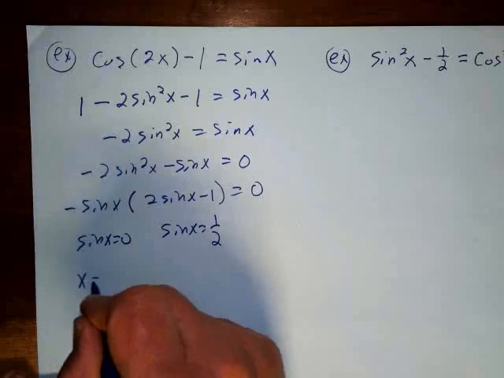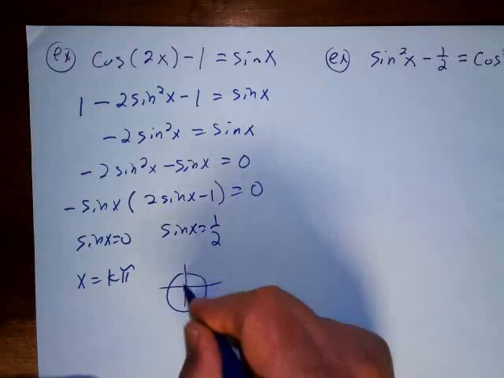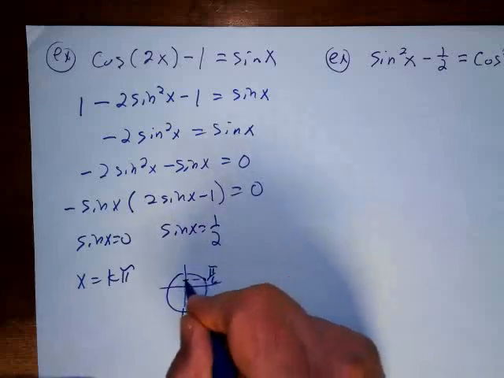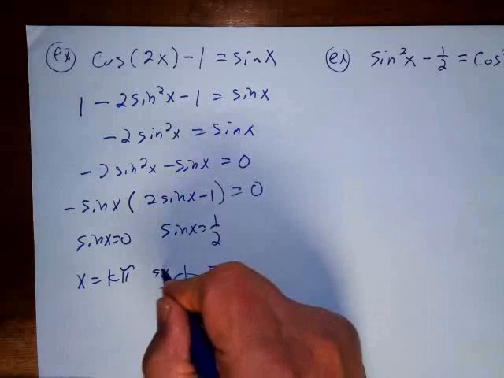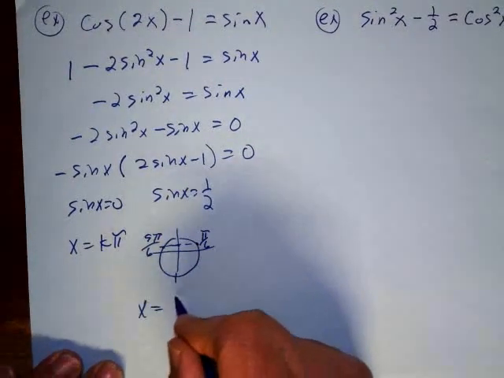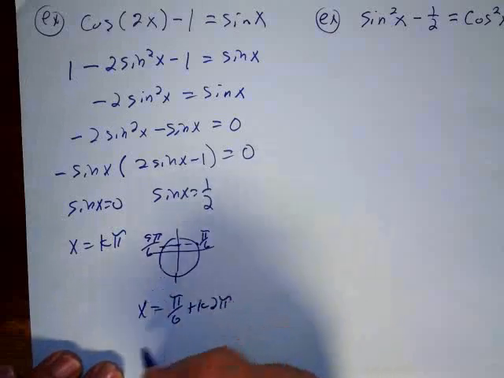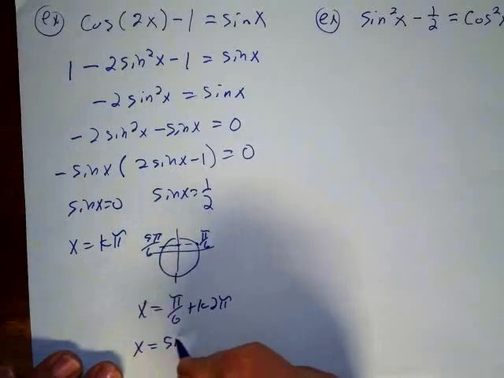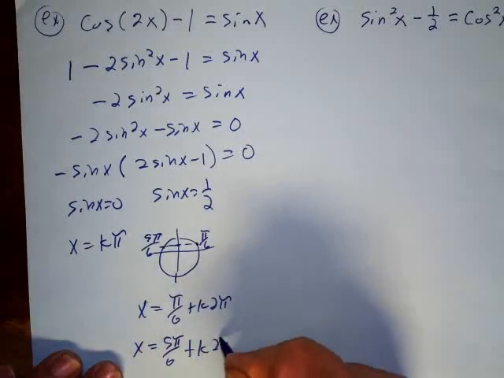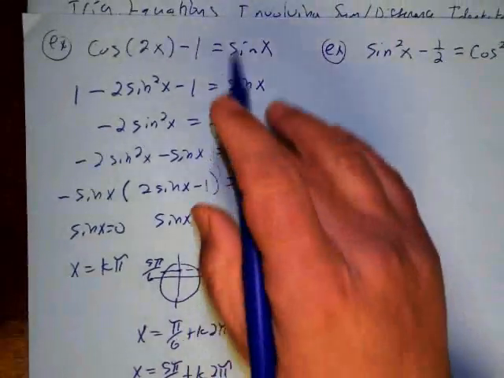So this we've already seen as k pi. Sine x equal to 1/2 would be pi over 6, and this one over here, 5 pi over 6. And so I get x is equal to pi over 6 plus k times 2 pi. X is equal to 5 pi over 6 plus k times 2 pi. And that would be the solution to this.